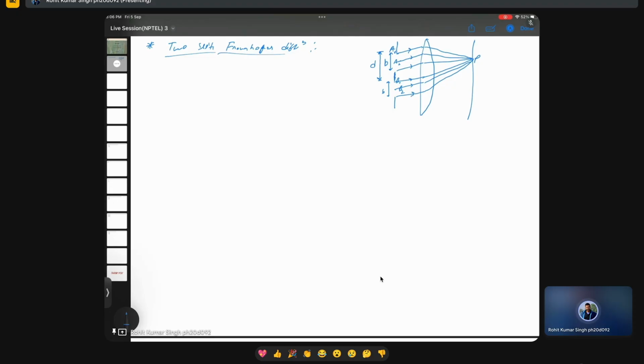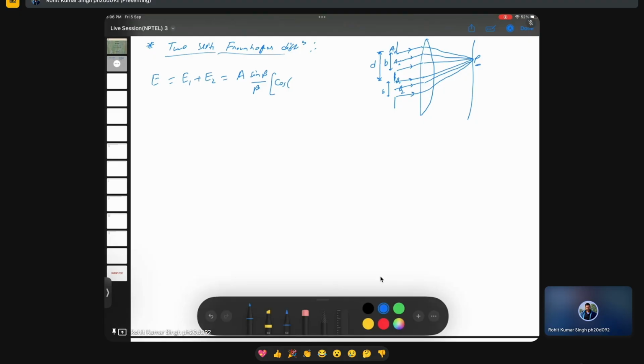And we calculated the resultant electric field at P due to these two slits. It was just the sum of the two individual electric fields, and we got something like this: sine beta by beta, and there was a cos gamma term.